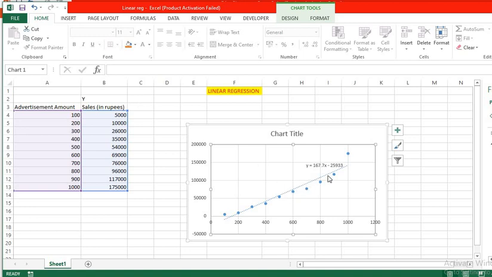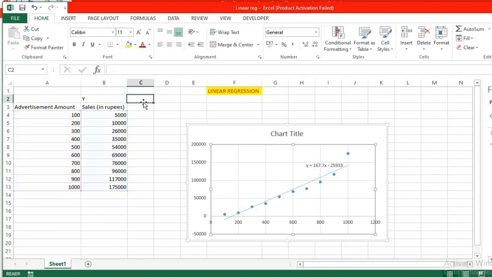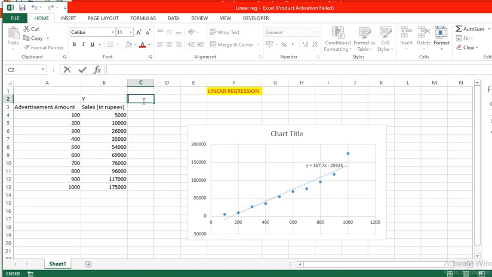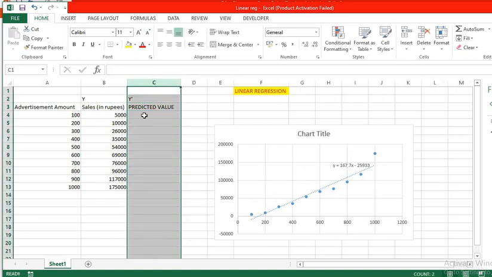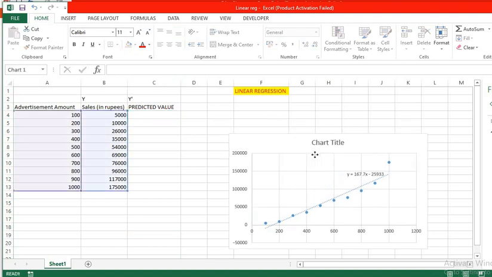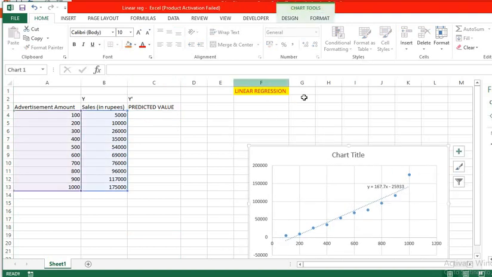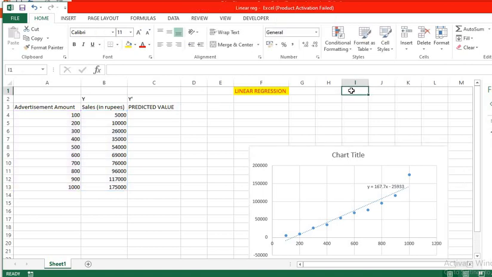This line is the predicted value, so I am taking the predicted value as y dash. I am rewriting the equation which we have found.